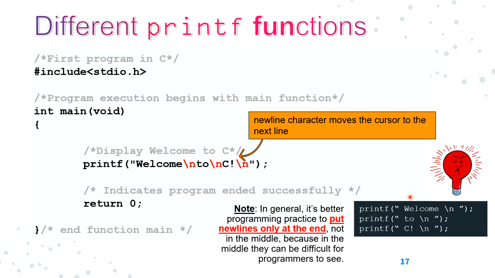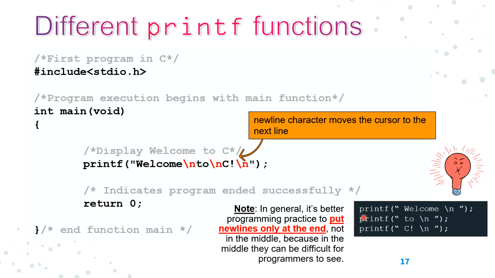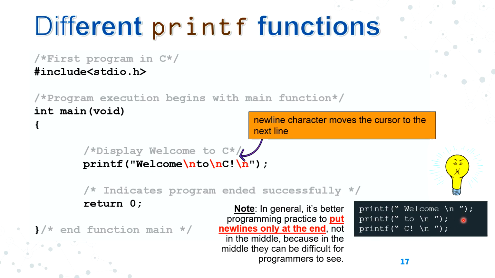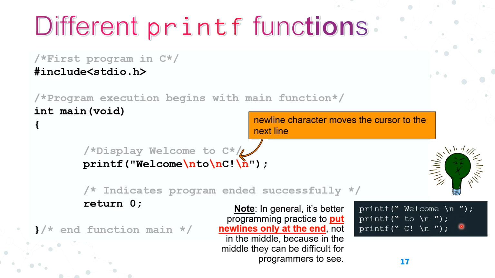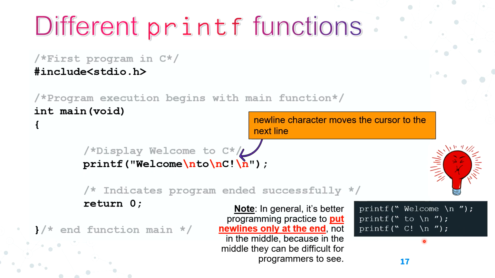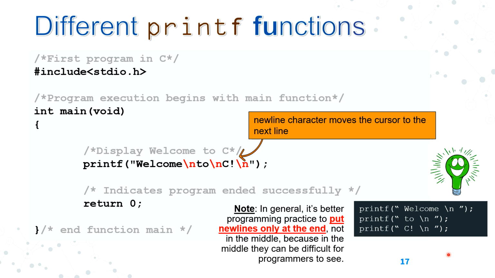As you can see in the black text box here, this alternative approach uses multiple printf function statements, each ending with a new line, the \n, that gives cleaner and more readable output.